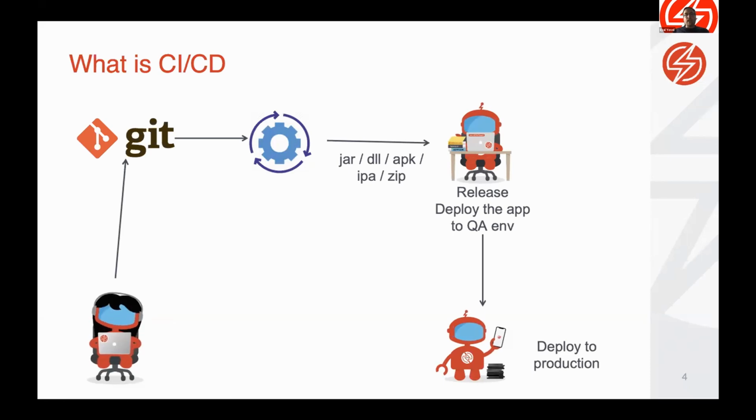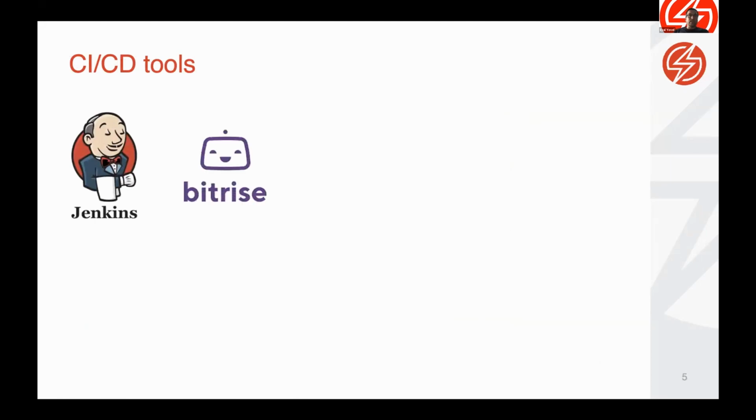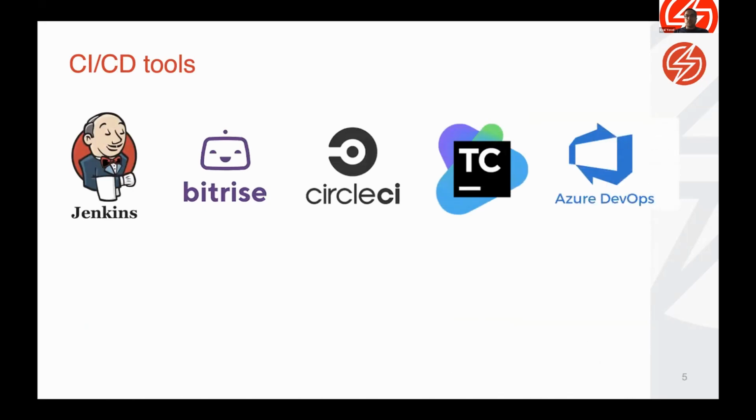Okay, so this is really at a high level. There can be more steps and more tasks. For example, when we build applications, it can also involve unit tests and static code analysis. But at a high level, this is CI/CD. The popular CI/CD tools in the market, probably you're familiar with some of them: Jenkins, Bitrise, CircleCI, TeamCity, and Azure DevOps.